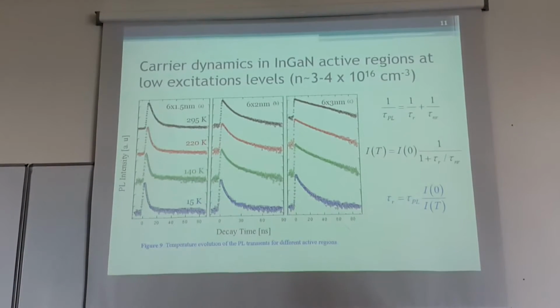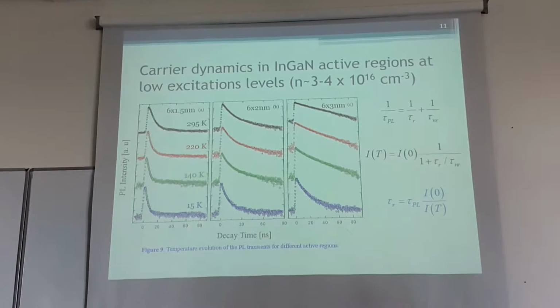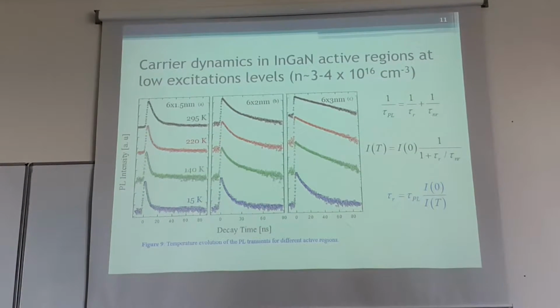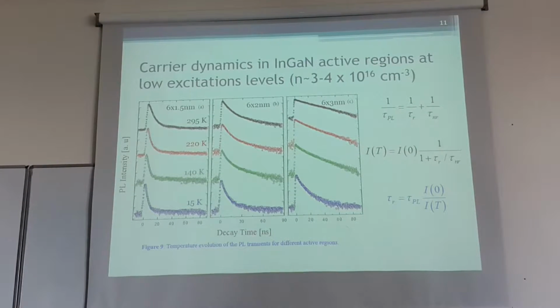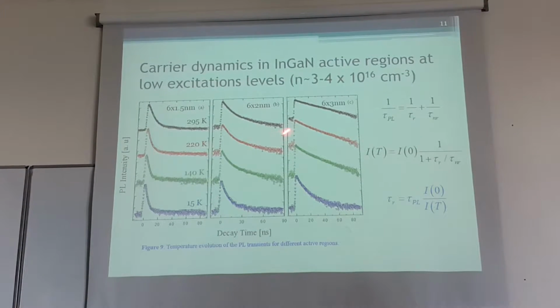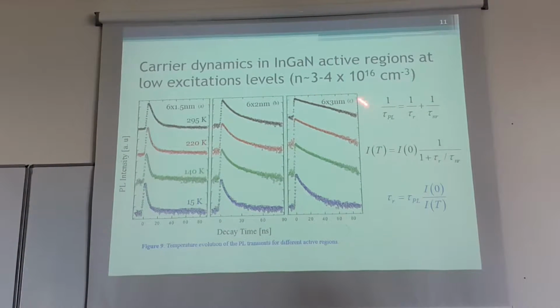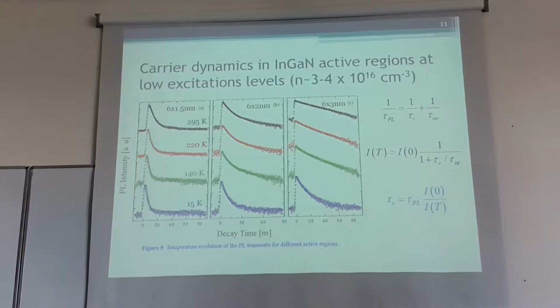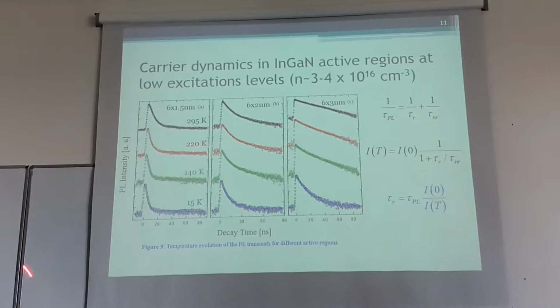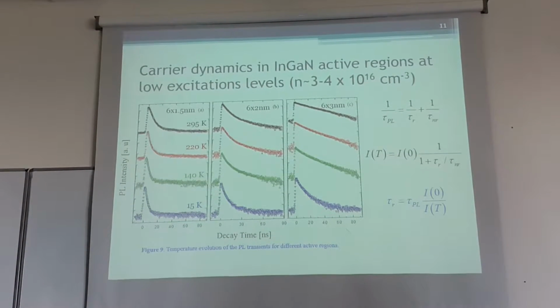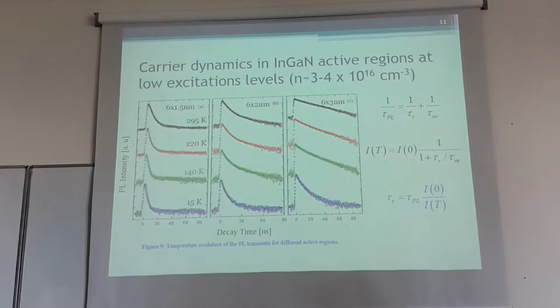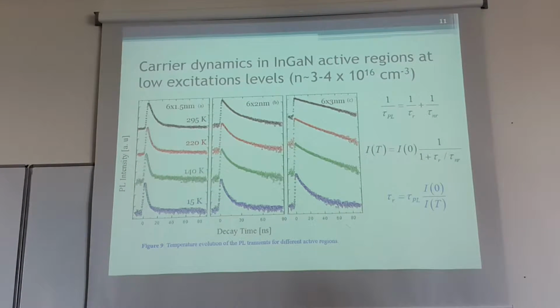We also investigated carrier dynamics in active regions in order to improve the quality of these active regions. And I used three different active regions. One is 6 by 1.5 nanometer, the other 6 by 2 nanometer, the other was 6 by 3 nanometer active region. This is PL intensity, this is the decay time, the time passing for the carriers to recombine.